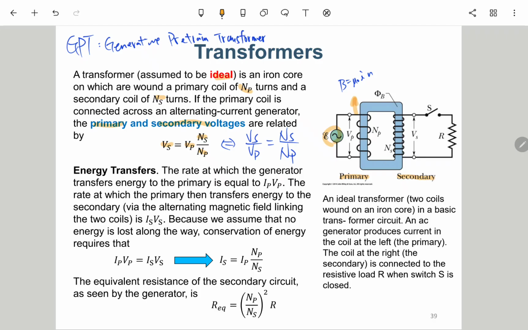For the primary coil, we don't assume there are some C and L, so that I and V are in phase.